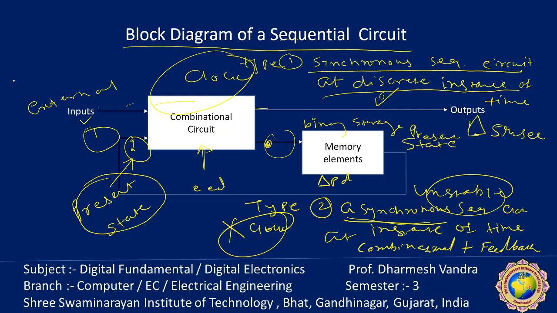Suppose I use these square pulses whose one cycle time period is 5 microseconds. So every 5 microseconds, this is pulse 1, this is pulse 2, this is pulse 3 and pulse 4.